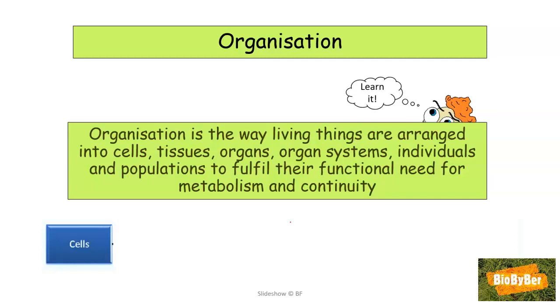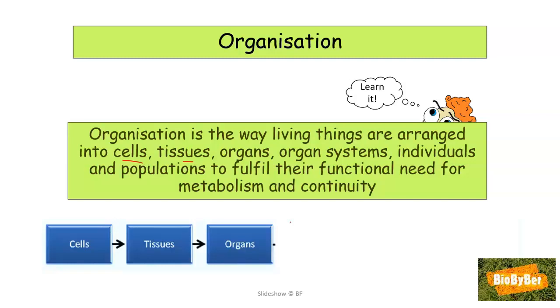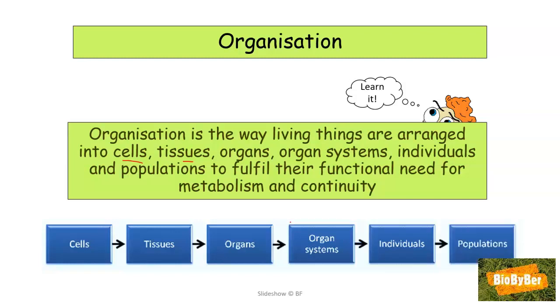Organisation is the way living things are arranged into cells, tissues, organs, organ systems, individuals, and populations to fulfill their functional need for metabolism, in other words, to be able to carry out their chemical reactions and to be able to continue to exist. So in a nutshell, we would have already met the idea that organs are composed of tissues and organs work together to make organ systems.